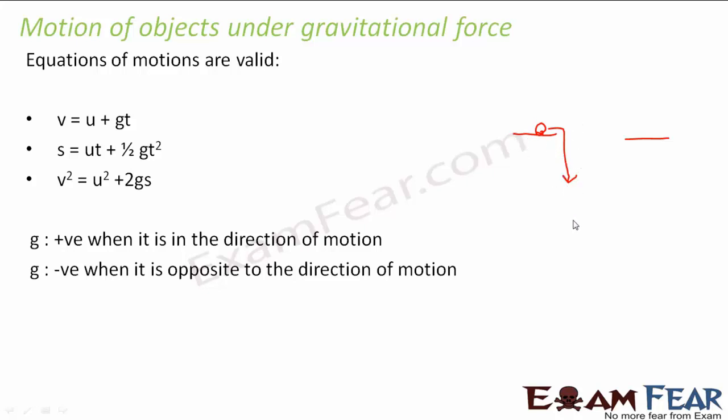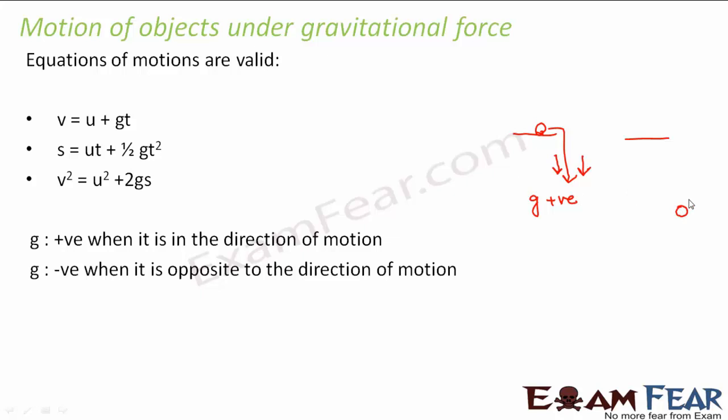So the stone falls to the ground. In this case, what is the direction of motion? The direction of motion is downward, right? And what is the direction of acceleration due to gravity? That is also in the same direction, because the earth is trying to pull you in the downward direction. So both are in the same direction. So in this case, g will be positive.